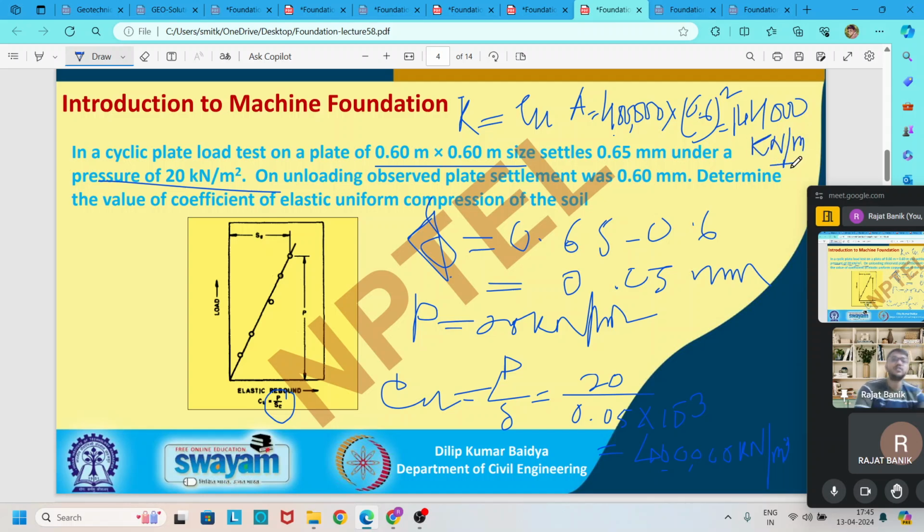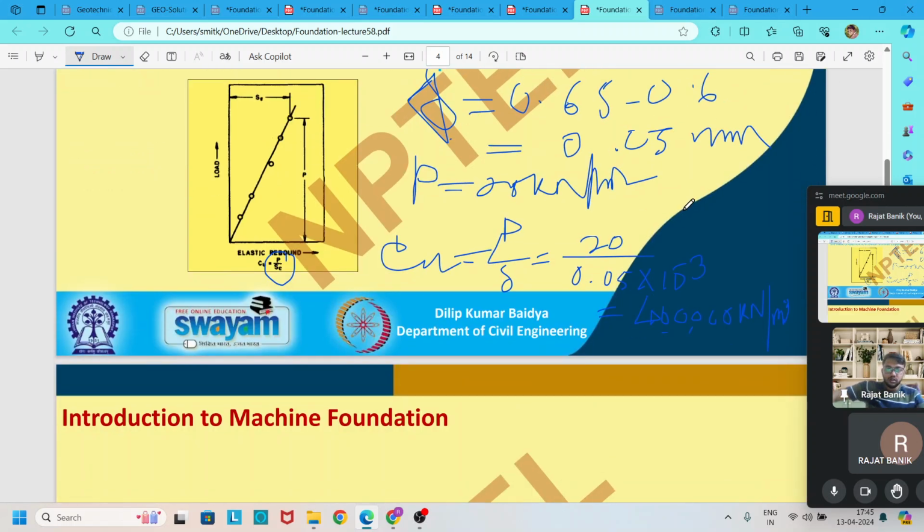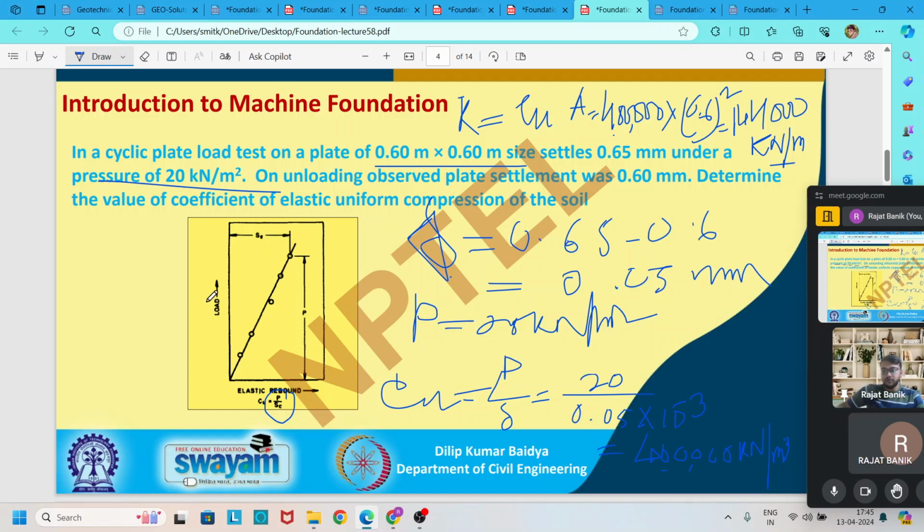So the stiffness of the system is 1 lakh 44,000 kilonewton per meter. Now I think it is understood by everyone. It is a very simple question.